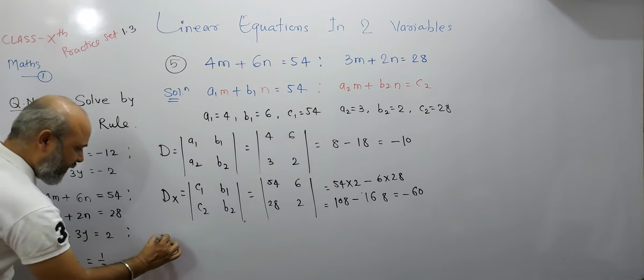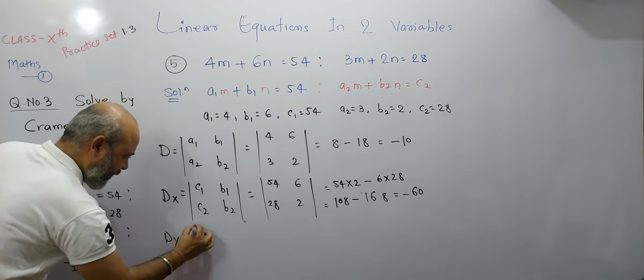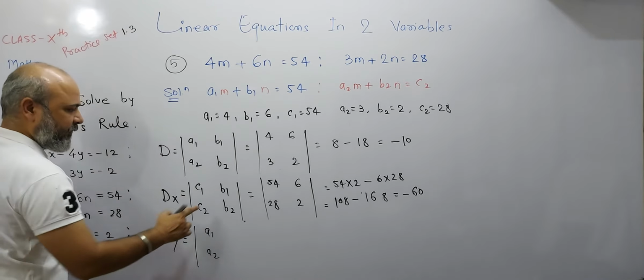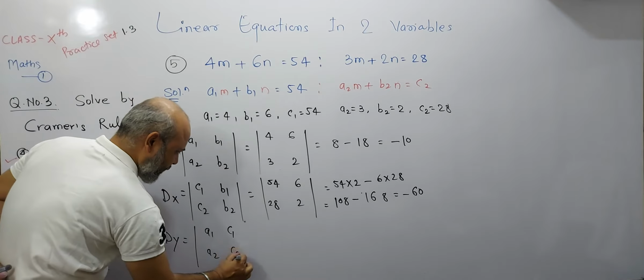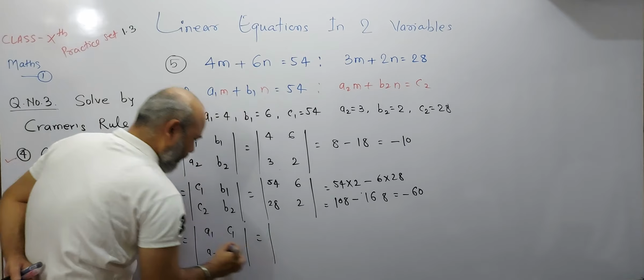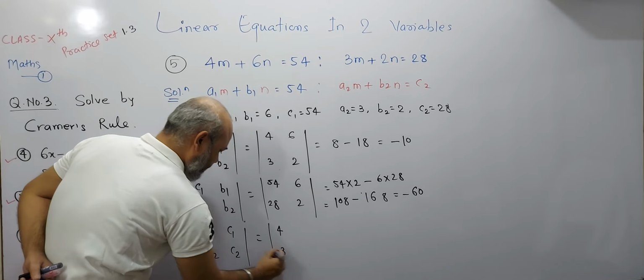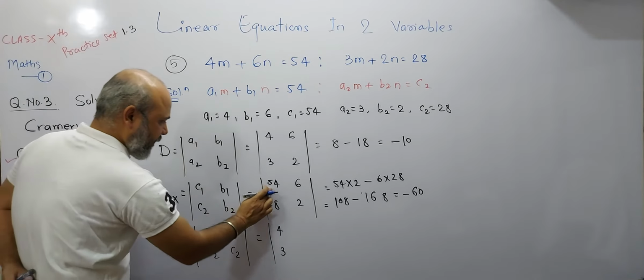Now we'll find the value of dy. a1 a2 will be as it is, and b1 b2 replaced by c1 c2. What is a1 a2? a1 a2 is 4 and 3. And c1 c2 is 54 and 28.